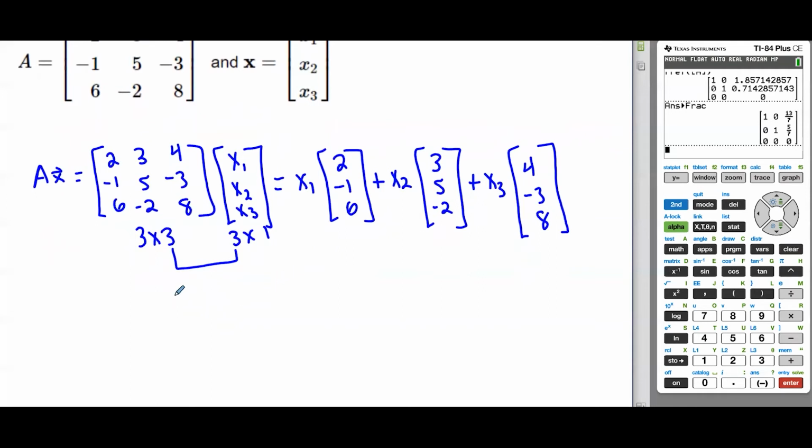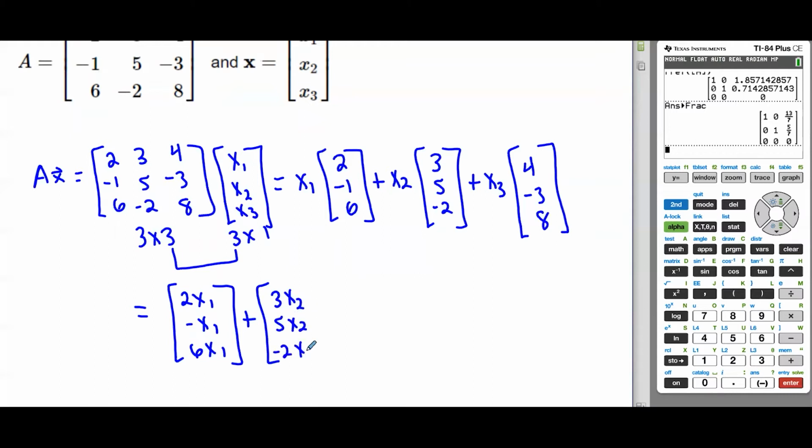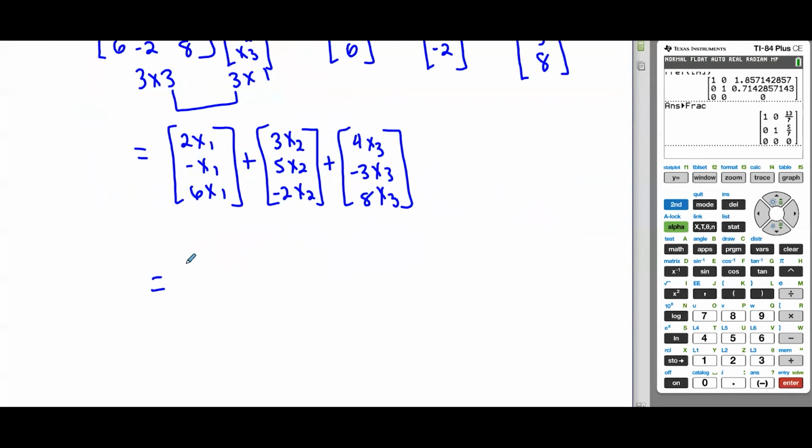And if I combine these together, what do I get? 2x1, negative x1, 6x1 for the first vector. 3x2, 5x2, negative 2x2 for the second one. 4x3, negative 3x3, 8x3 for the third one. And then when I add all these together, what do I get?